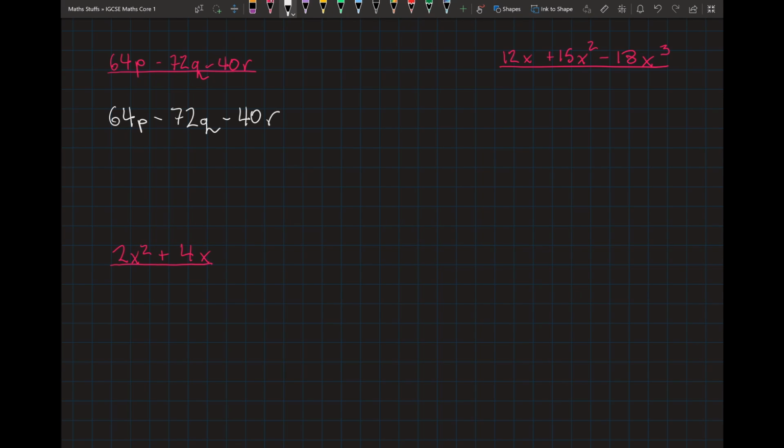Alright, so again, all of our variables are different. None of them are squared or cubed or anything, so I'm just going to ignore those. I'm going to look at these numbers and try to figure out what is a common number between all of these. I'm looking at the smallest one here. So if we look at 40, what are some of the factors of 40?